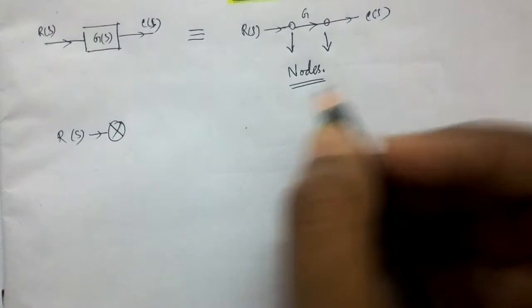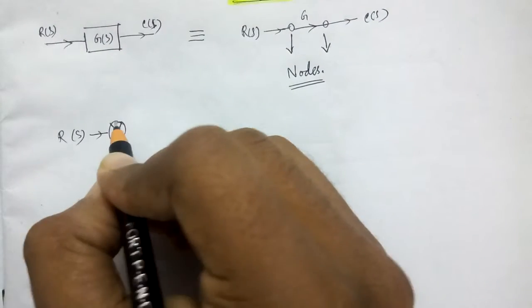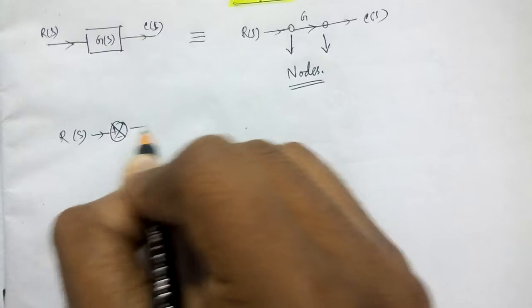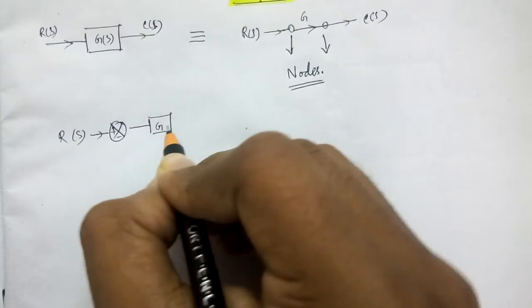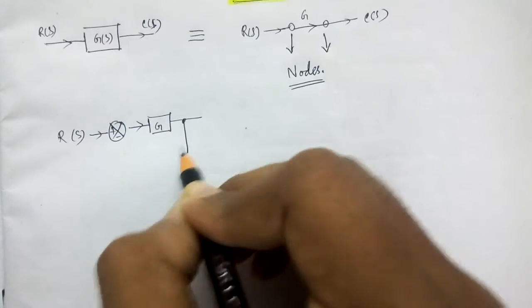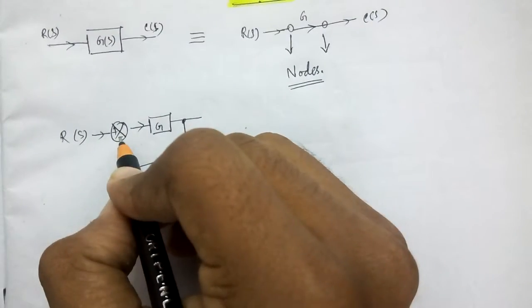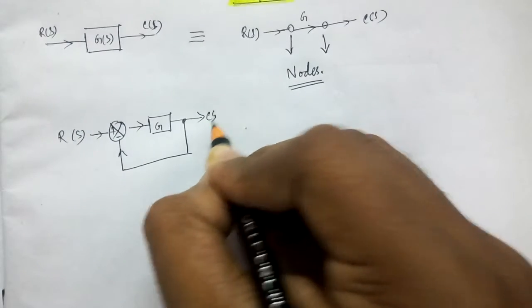That will be a loop in case of signal flow graph, and here it is actually feedback. Here is system gain, here is the unity feedback, this is negative feedback I have taken, and output is C(s).